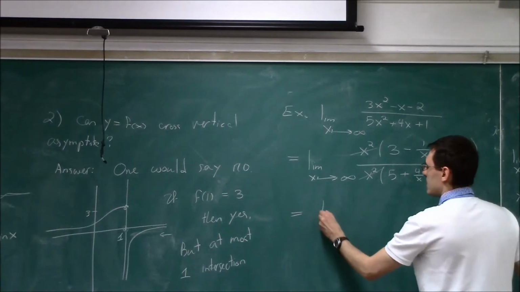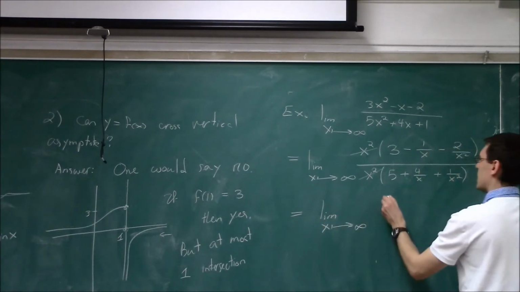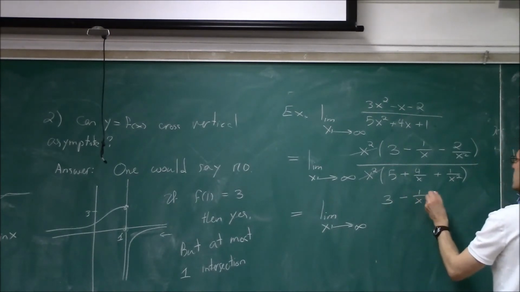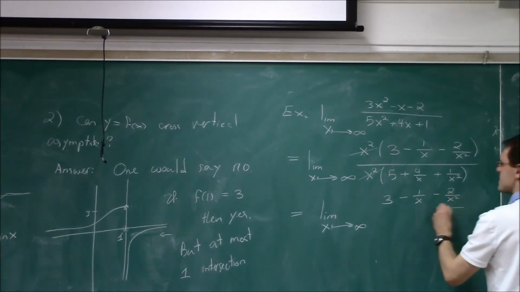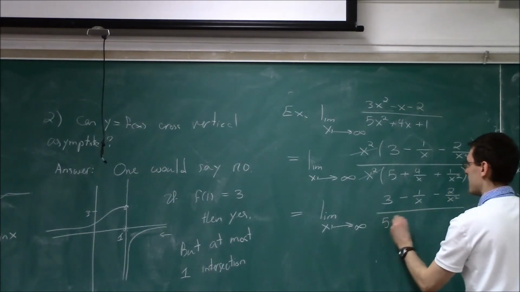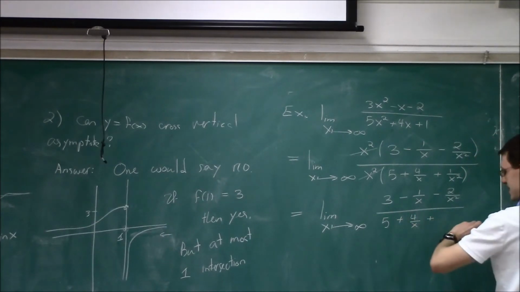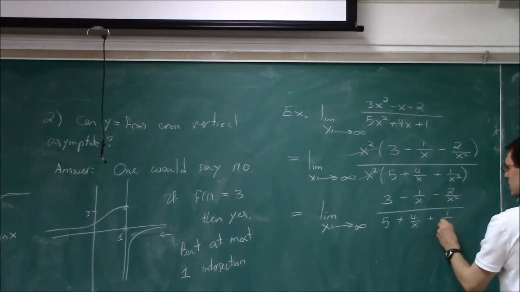And now we get the limit as x goes to infinity of 3 minus 1 over x minus 2 over x squared divided by 5 plus 4 over x plus 1 over x squared.